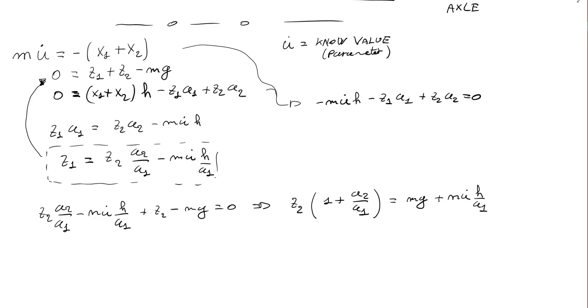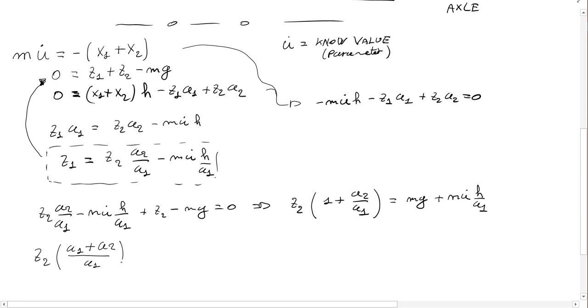Okay, and now what we have will be very simple. So we have zeta 2 a1 plus a2 a1. Here will be the same mg mu dot h a1. Here we have L as we did before, so this will be L.